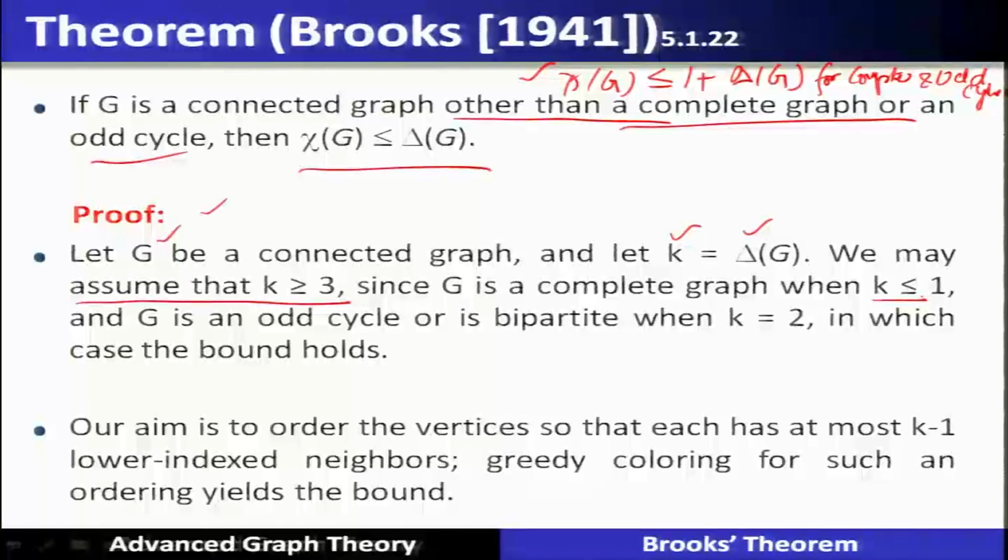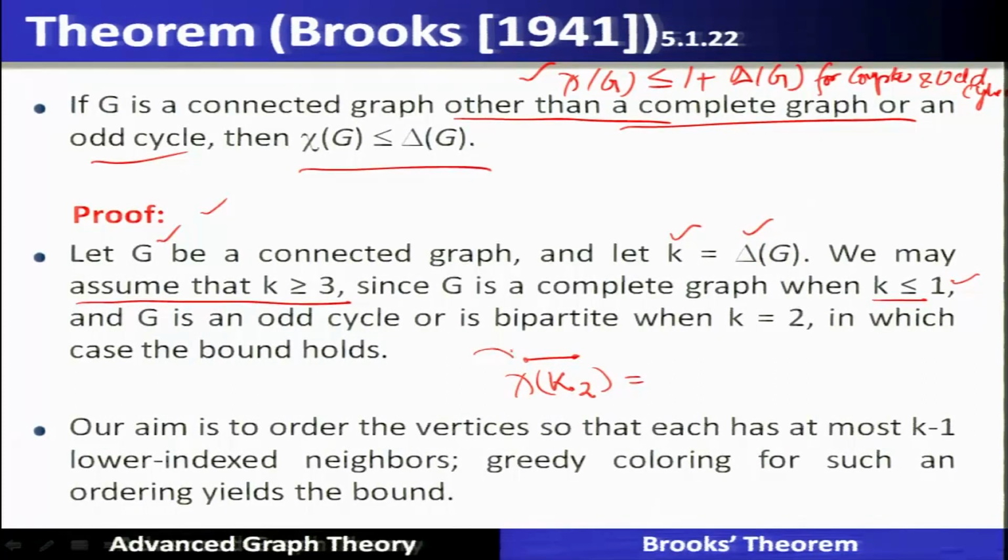If the maximum degree is 1, then this will be the complete graph K2. Here the degrees are equal to 1. So what is the chromatic number of K2?